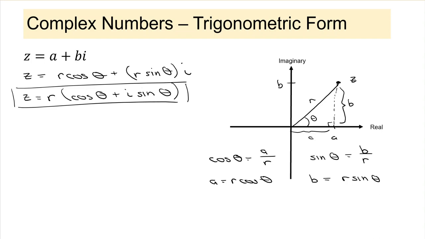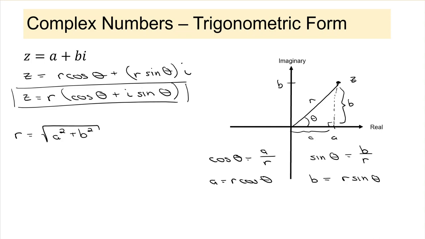Well, let's look at our figure over here. r is just going to be the square root of a squared plus b squared. So all I'm doing is using the Pythagorean theorem. We will know what a and b are, the two legs, so we can find r as the square root of a squared plus b squared.